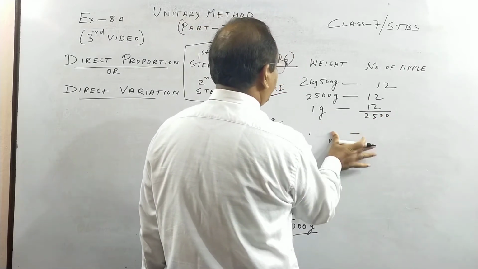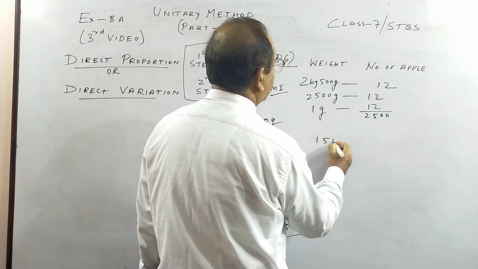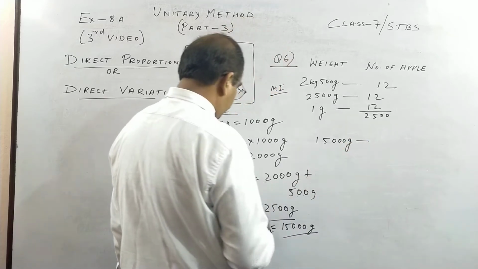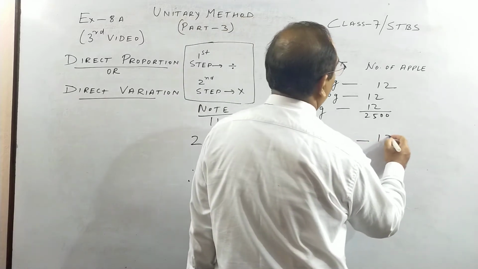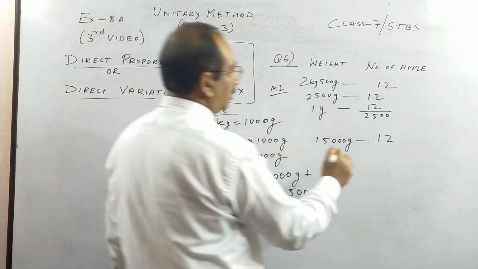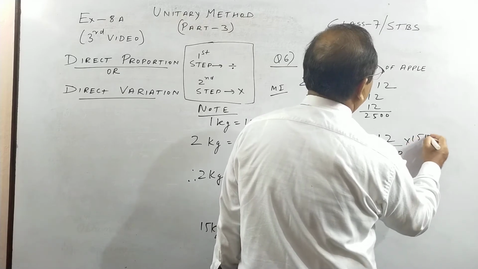So now 15 kg, I can write it as, what is the number of apples which will weigh 15,000 grams? So first step I told you, less, 1 gram will be less, division. Second step will be multiplication.